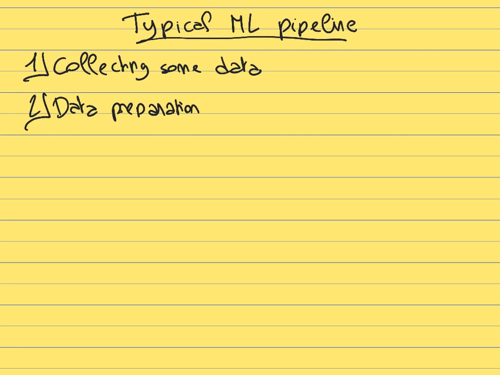For example, if you collect some data, that data collection is most likely going to be made by humans, and humans can make mistakes. They can make typos when they enter data in the database.